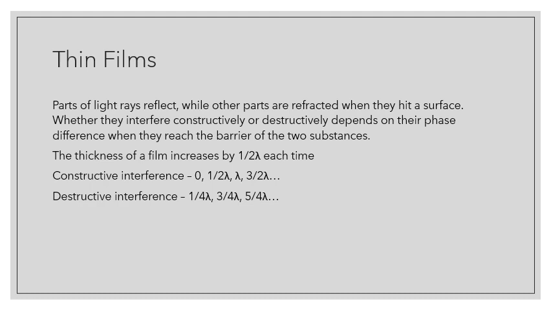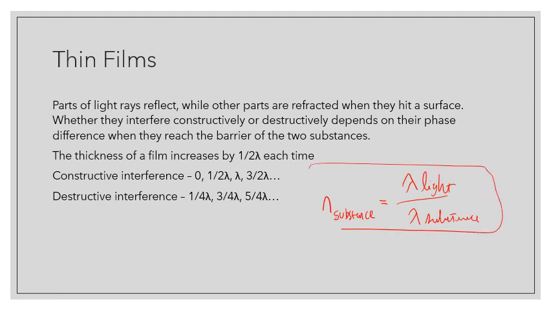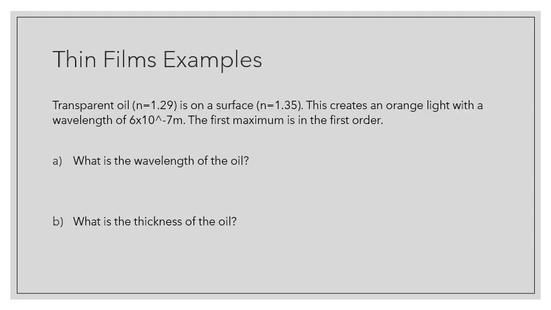So one equation that can be used within film questions is this. So N of the substance is equal to the lambda of the light going through the thin film, over the lambda of the substance. This will make more sense when we look at an example question. So this is an example of a thin films question.